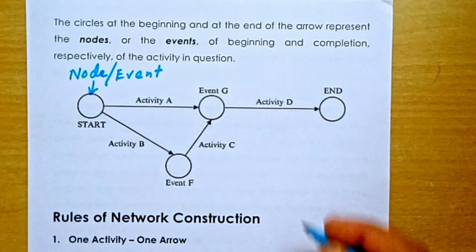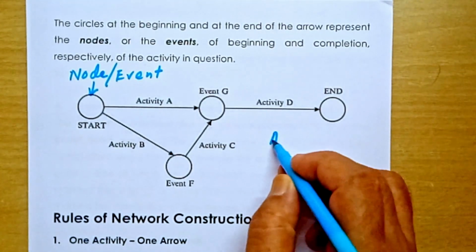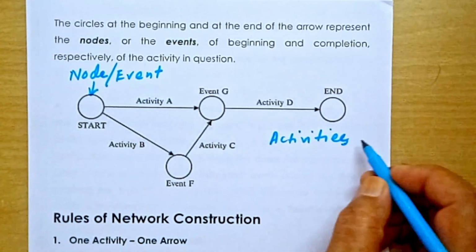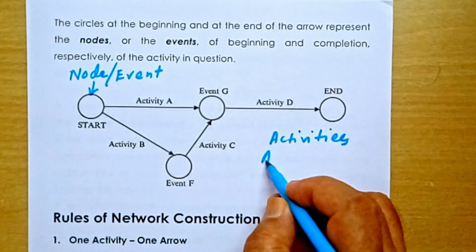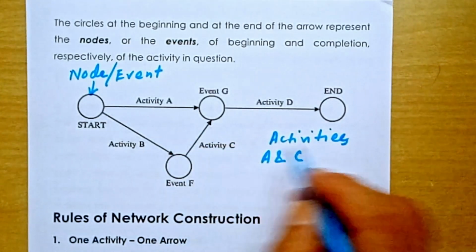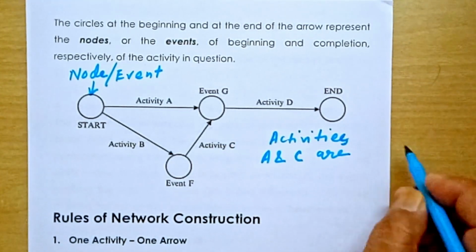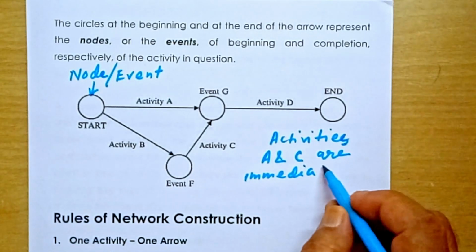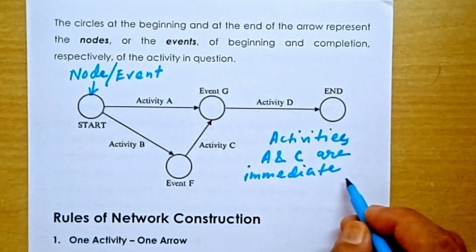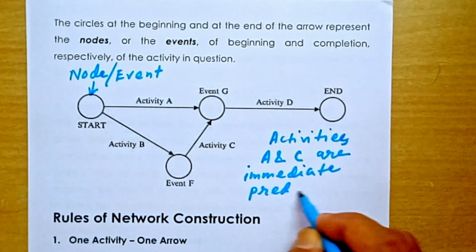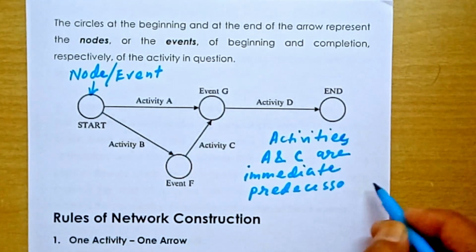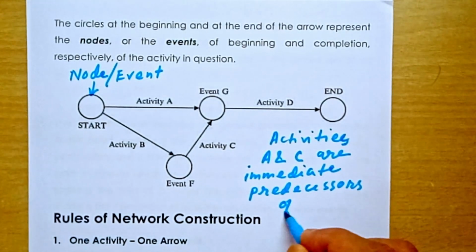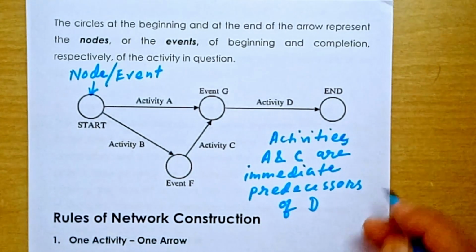So what you can say is, activities A and C are immediate predecessors of D, right?